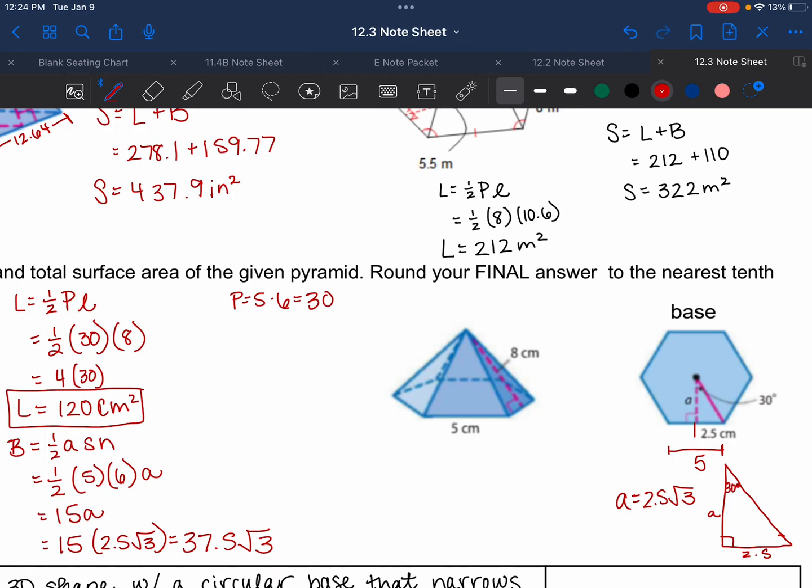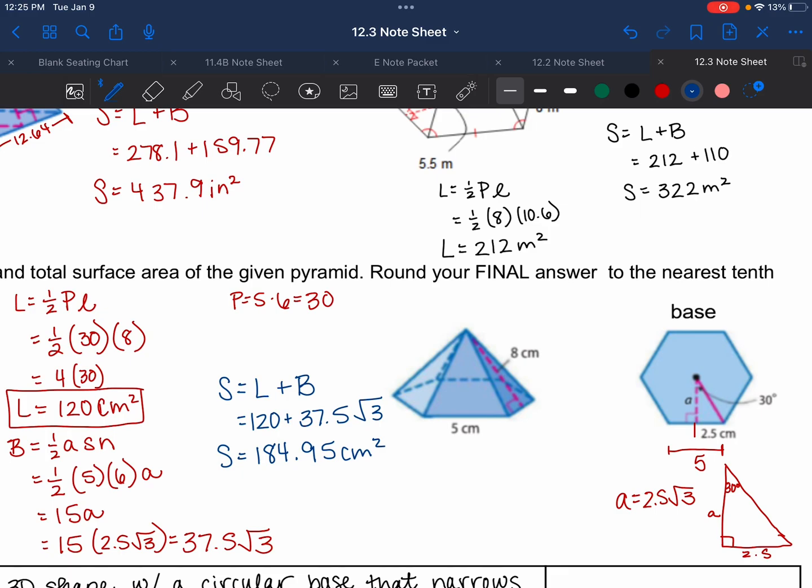So the surface area, let's do this in blue so it sticks out, is the lateral area plus the base area. So 120 plus 37.5 square root 3. So if I put that in my calculator, 120 plus 37.5 square root 3, I get a surface area of 184.95 centimeters squared.